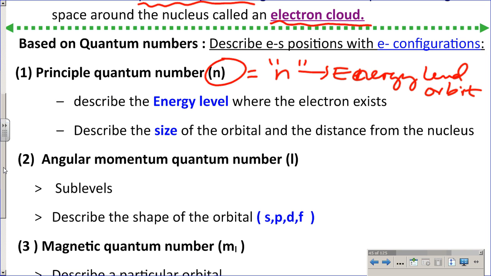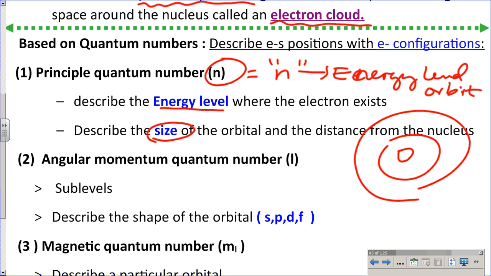So n equals 1 is closest to the nucleus, and n equals 6 or infinity is farthest away from the nucleus. If you think of it as concentric rings still, kind of like Bohr did, as you increase the distance from the nucleus, it's going to increase in size because it's taking up more space in general. So that's what N stands for.